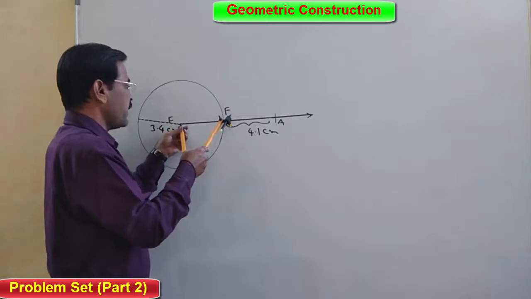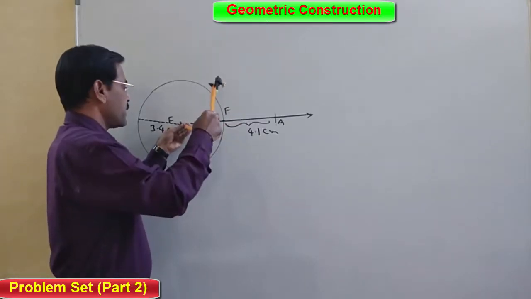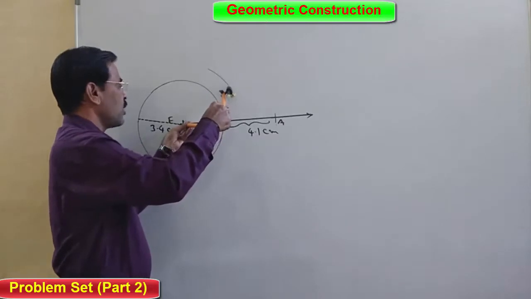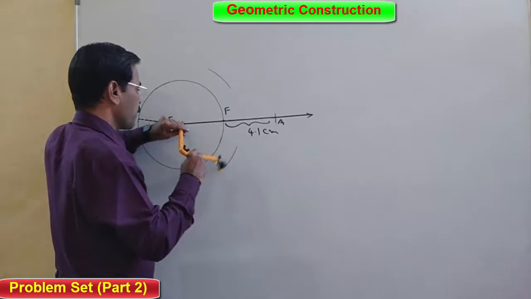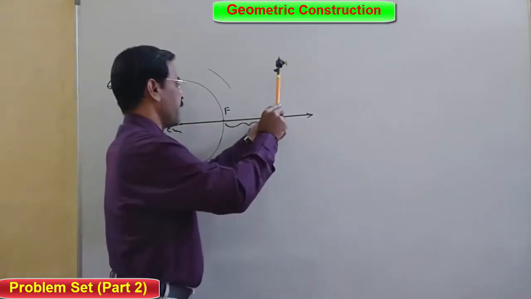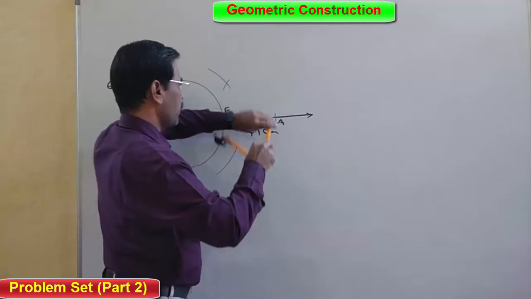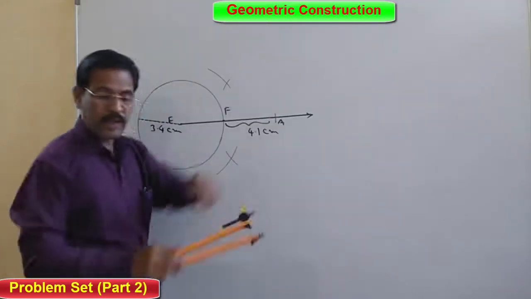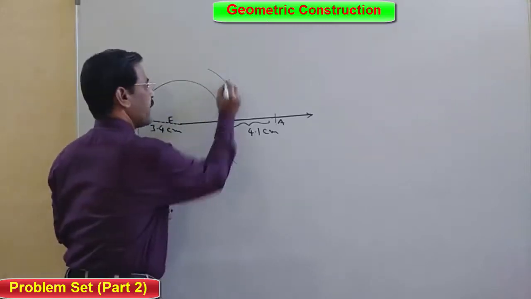I'll put the compass on E, take more than half, and similarly to the previous figures, draw arcs like this, and from A as well, from this side also. Now these are the 2 points. We are going to join them.